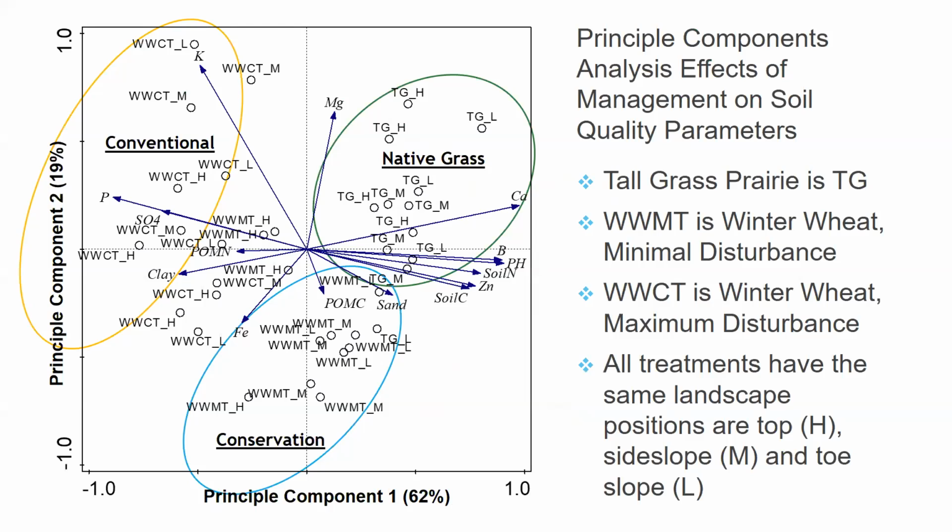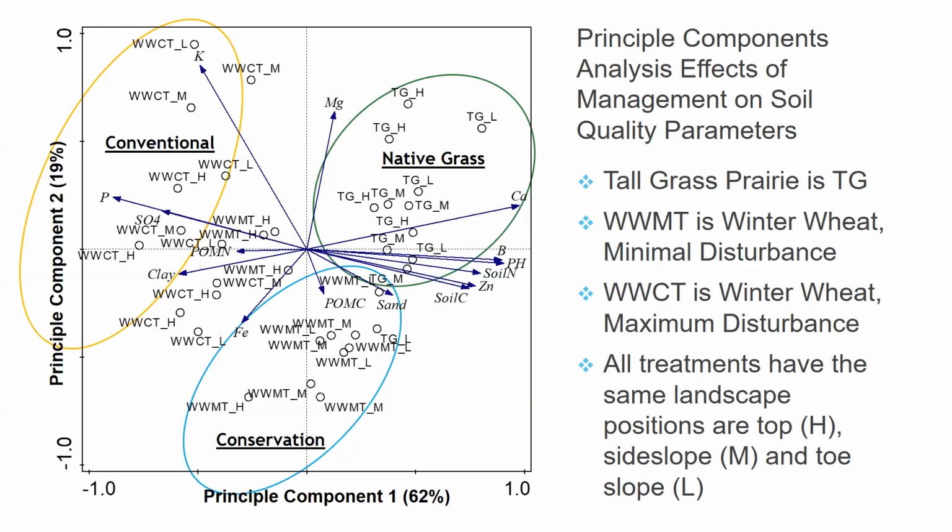So the conservation management in winter wheat overlapped with the native grassland baseline, and then the conservation management differed. It was farthest away from the conventional management. So this is the winter wheat that was tilled. So you can see that these are different scales and different soil textures taken at different time points, but we got similar outcomes and a similar interpretation.